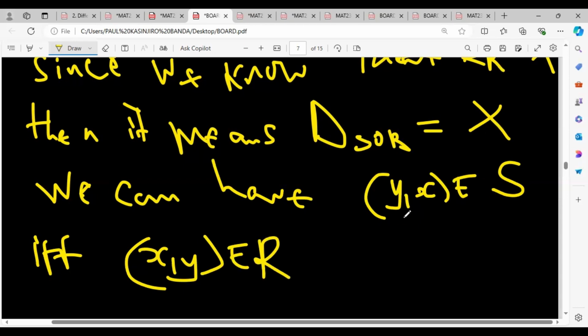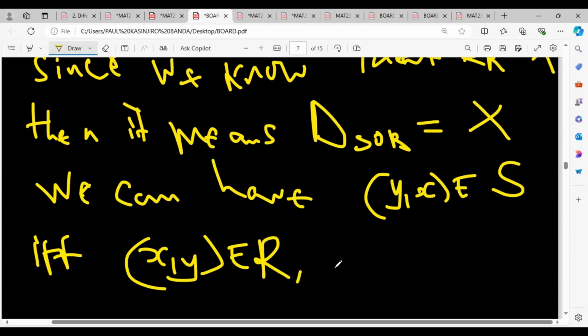Of R. Because remember, R is a mapping from X to Y, and then S is a mapping from Y to X. So this coordinate (X, Y) will only exist if and only if we have (X, Y) present in this relation R there.